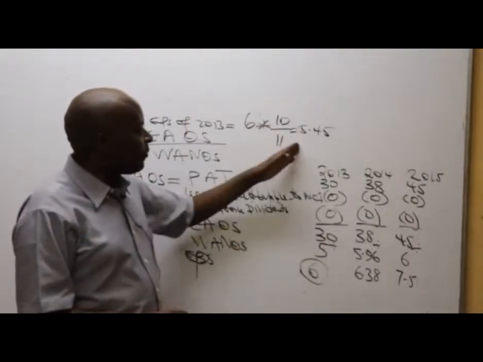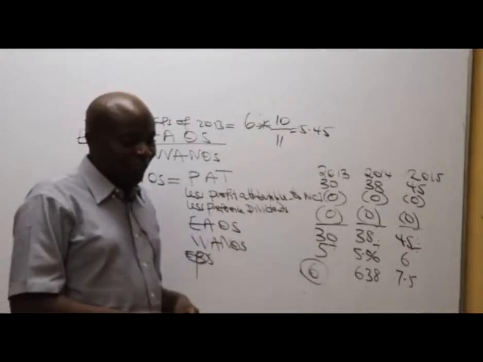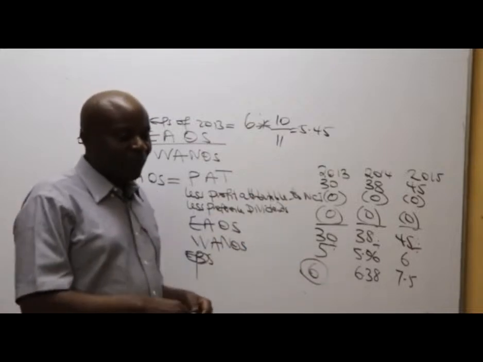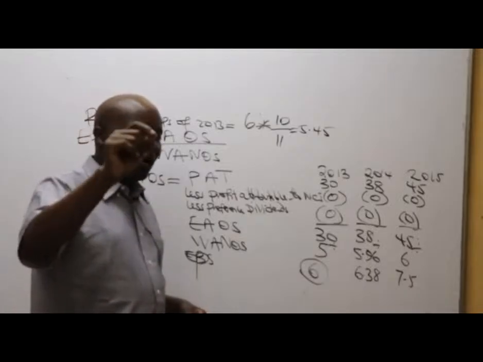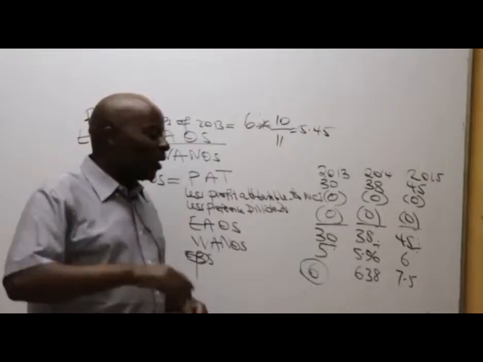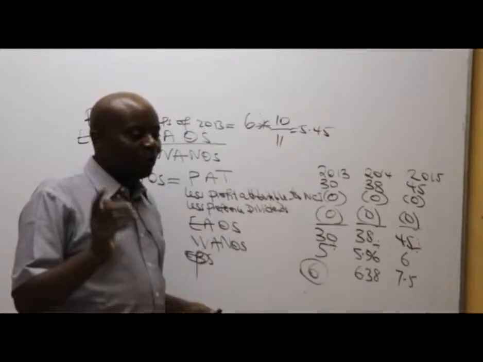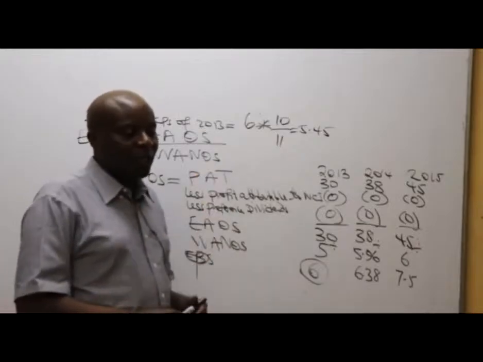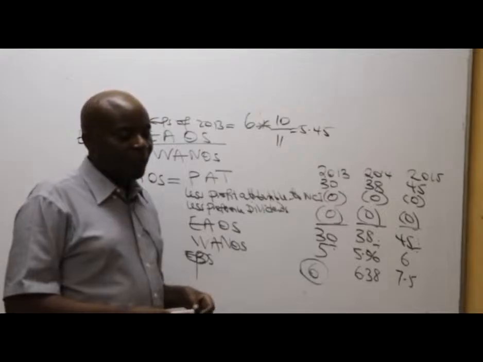Because now from 5.45 we went to 6.38, we went to 7.5. So the comment that you're putting there is that this company's performance is superb. Any CEO who is able to increase their EPS like this should be able to earn huge perquisites in the form of bonuses.